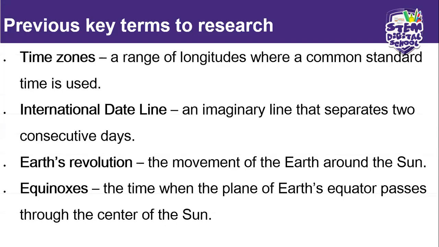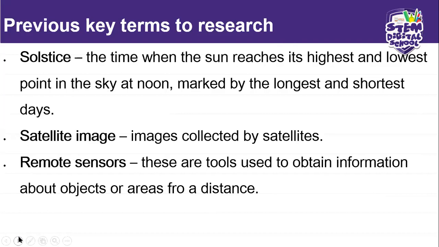And then equinoxes, the time when the plane of Earth's equator passes through the center of the sun. More terms. And what is solstice? The time when the sun reaches its highest and lowest point in the sky at noon, marked by the longest and shortest days.